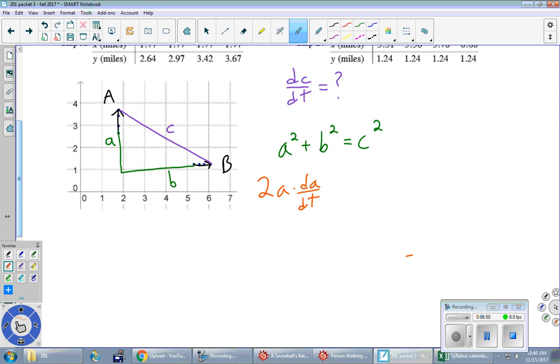A squared is really stuff squared. And then plus, now we're doing the derivative of B squared. What is it? 2B, but then times dB/dt. And then that's equal to 2C dC/dt.